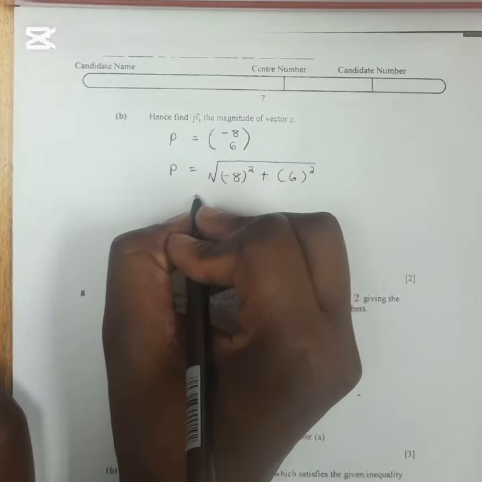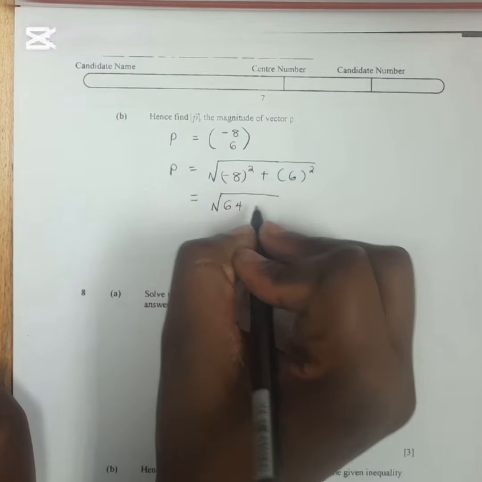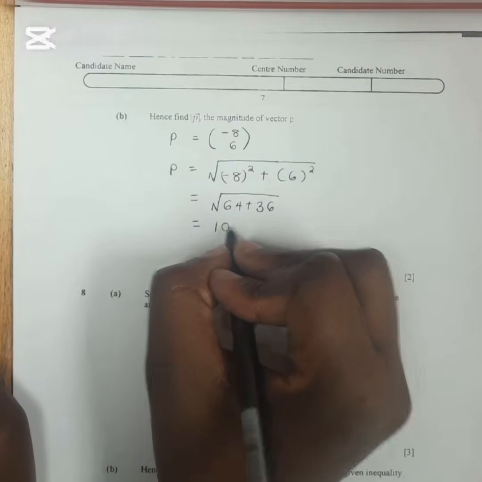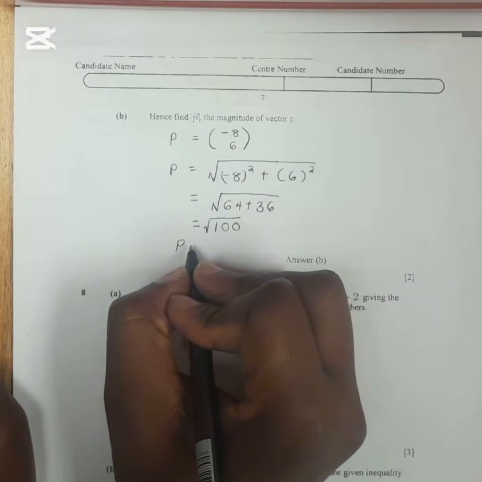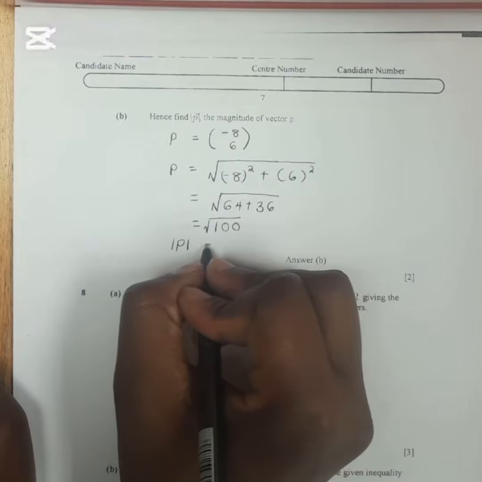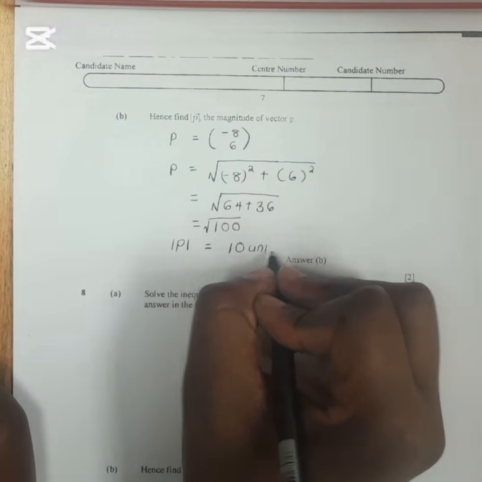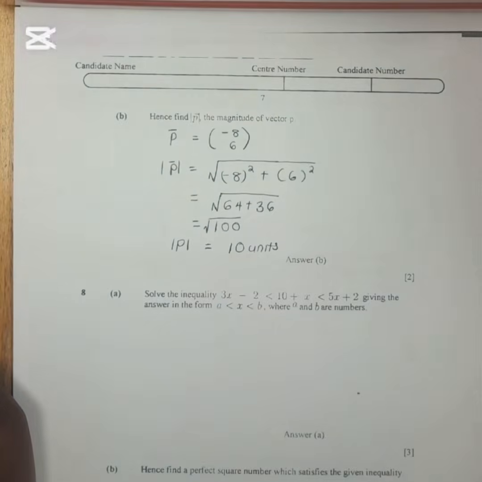So here it is the same as saying the square root of 64 plus 36, which is equal to 100. So the square root of 100 is equal to 10. So the modulus of p is equal to 10 units. So that was all about number 7. Let us proceed to number 8.